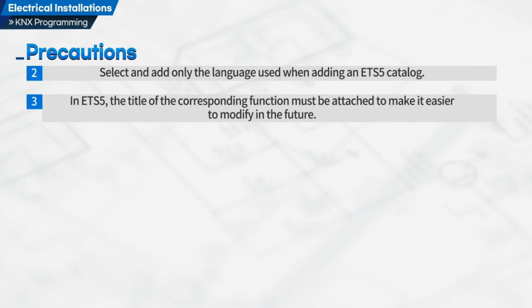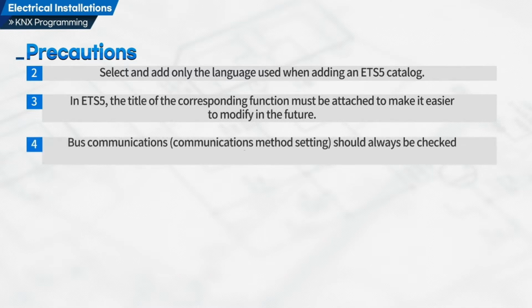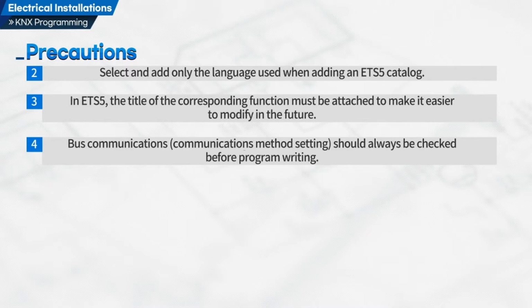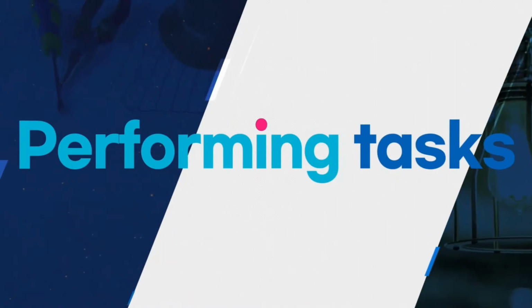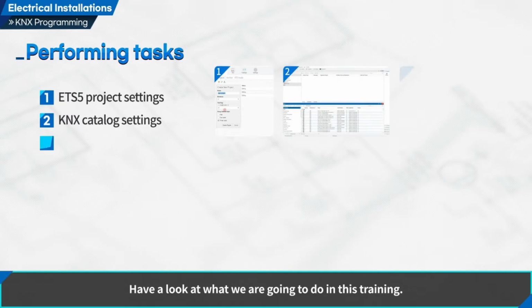In ETS5, the title of the corresponding function must be attached to make it easier to modify in the future. Bus communications, communication method setting should always be checked before program writing. Have a look at what we're going to do in this training.